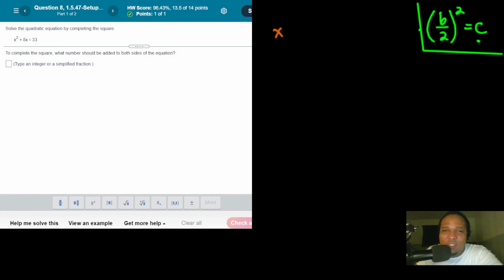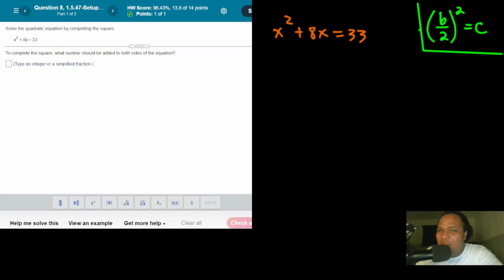Okay, so we have x squared plus 8x equals 33. What are we going to put for our c term? Well, all you do is apply the formula, b over 2 quantity squared, and that's it. So what is our a, what is our b, what is our c?